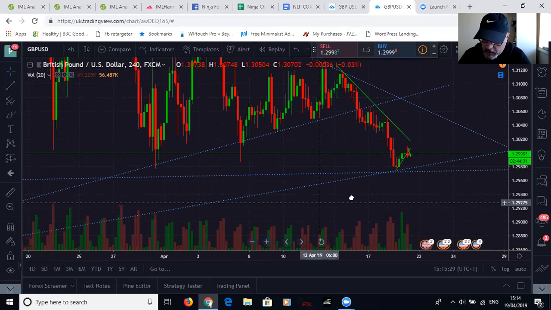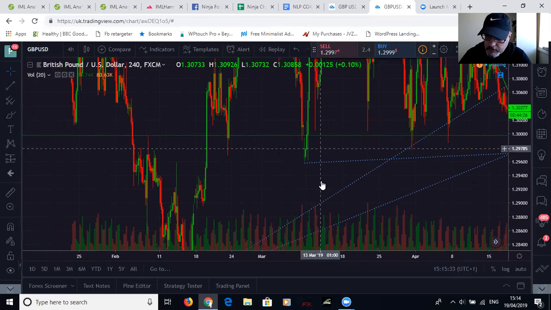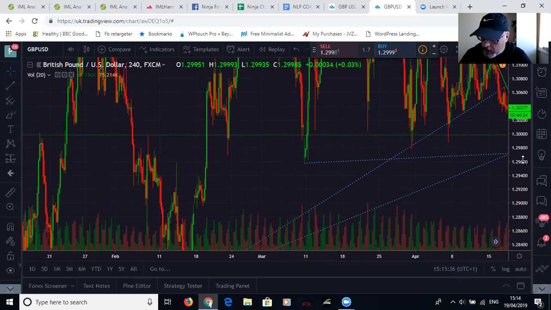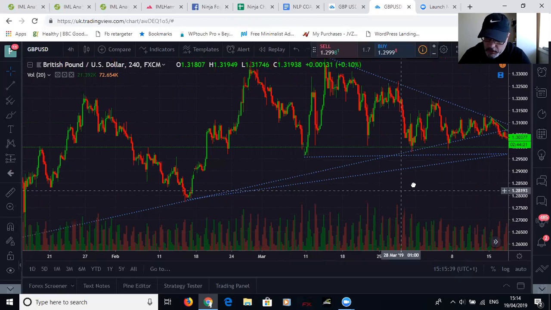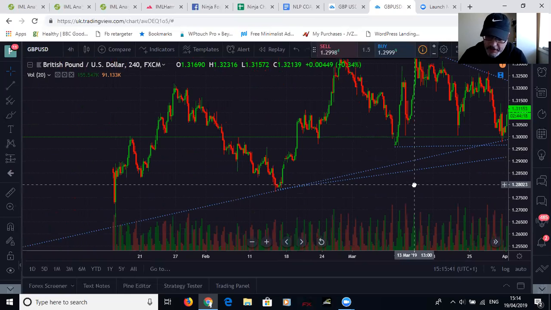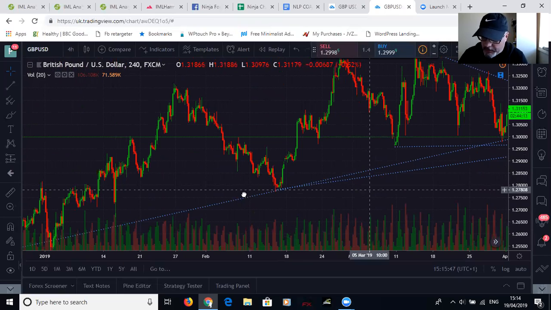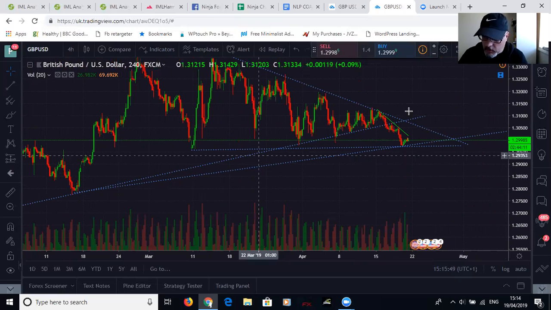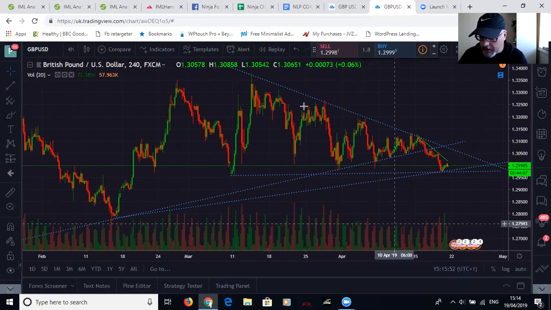So we're looking obviously a lot further back. That's going back quite a way, back into January and February for that trend line all the way up there. And then we've got this one coming down this way.